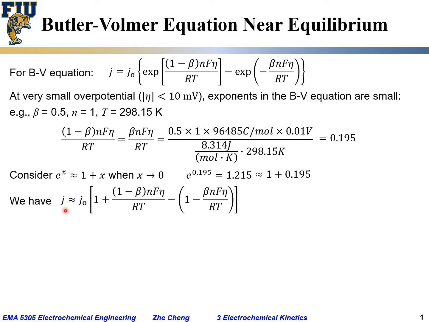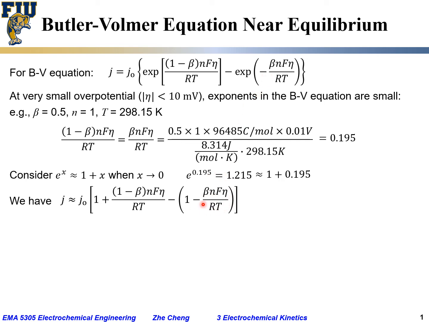So then we would be able to simplify the Butler-Volmer equation. J, the net current density, would be J0, the exchange current density, times, within this big bracket, the first exponential term would be 1 plus the exponent, minus the second exponential term would be 1 minus this term, because we have a negative sign.